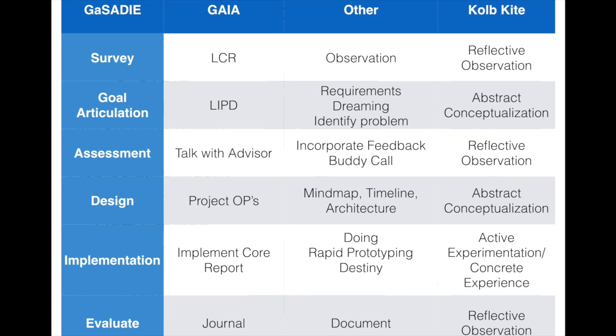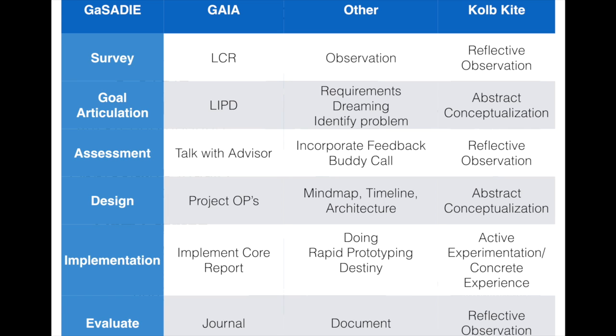And then we go into the goal articulation of the lipid, like what is my learning intention and pathway to them? And then Gasedi has that assessment analyzation phase. And I think talking to your advisor, talking to buddies, talking to your family about, okay, here are my goals. Can you help me refine, assess which of these are the most important to me?